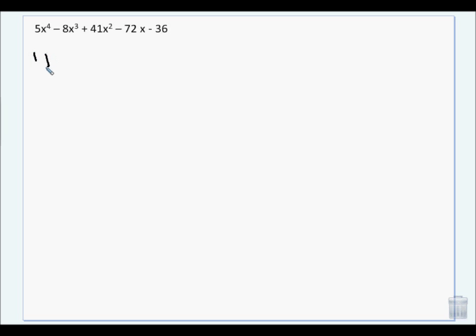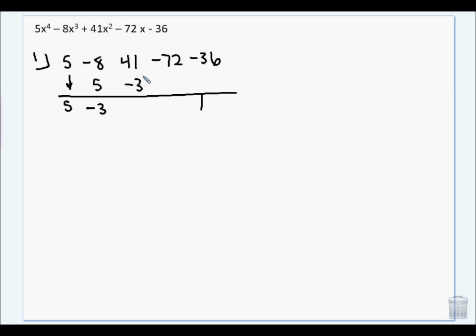So I have 5, negative 8, 41, negative 72, and negative 36. So we'll see what 1 gives us. 38.